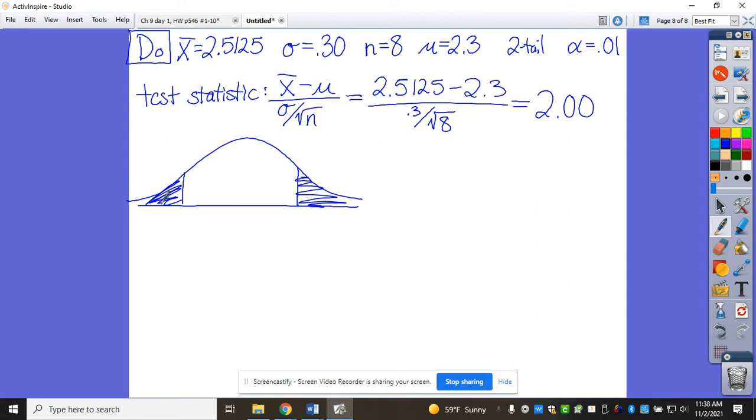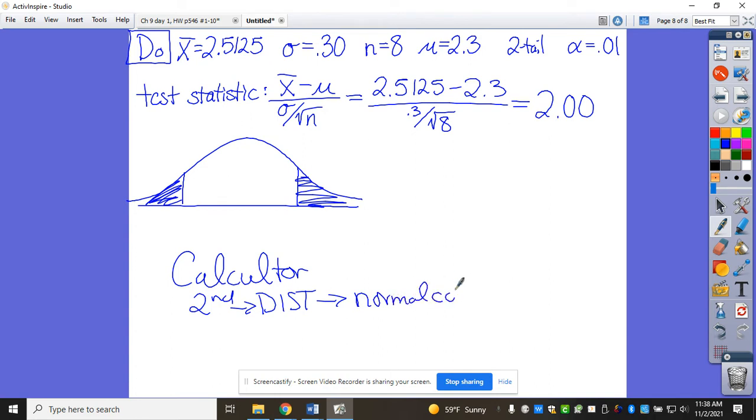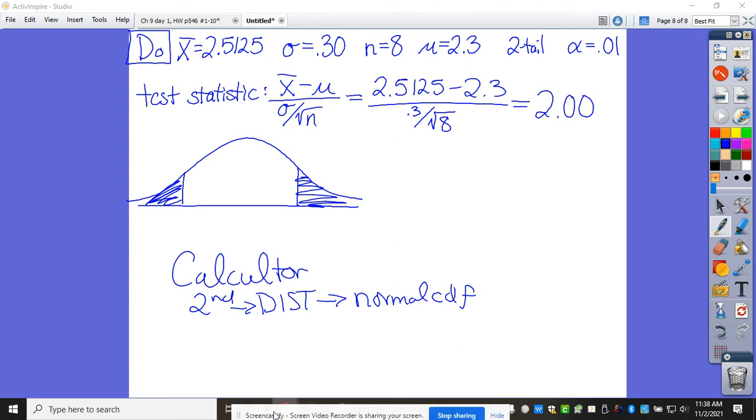So, find the area of that shaded right tail, whether you use the yellow sheet or your calculator. Yeah, I want to go over that with the calculator again. What button do I push in my calculator? And I go to... So what's my first option? First input?